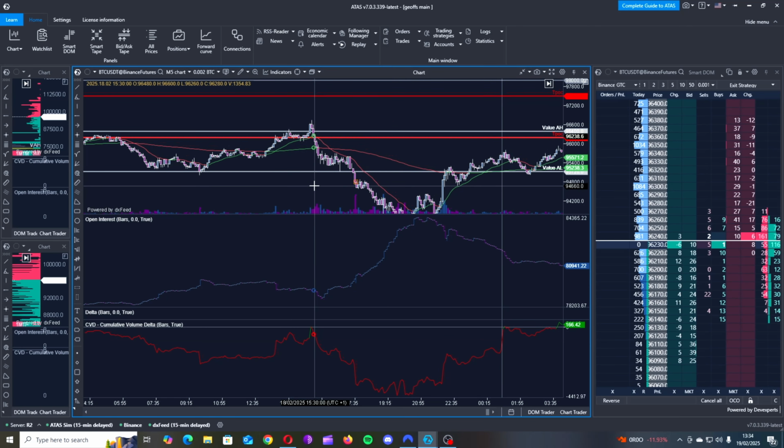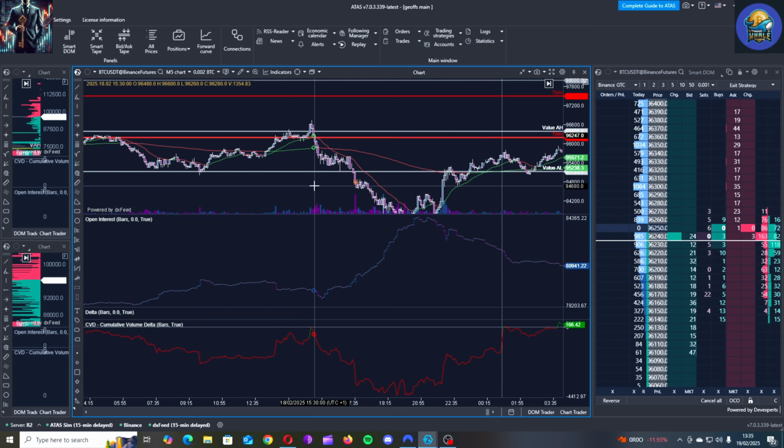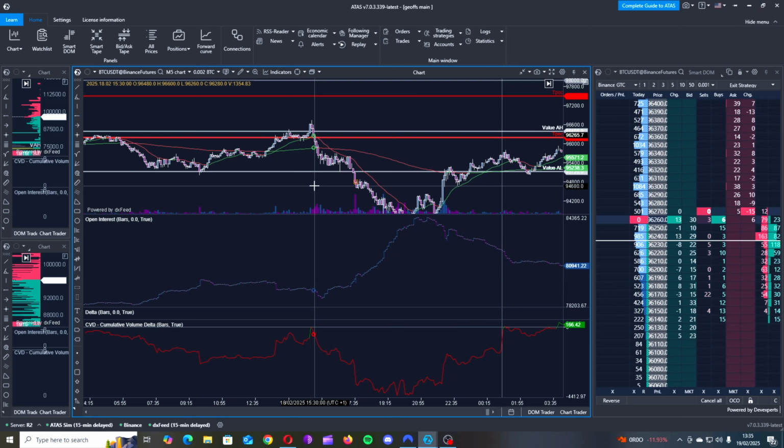So if we're looking at BTC right now, before I get into it, let me just explain what CVD is. CVD is cumulative volume delta. So it's combined the amount of volume between longs and shorts at a specific time. With CVD, if it's increasing over time, longs are opening.